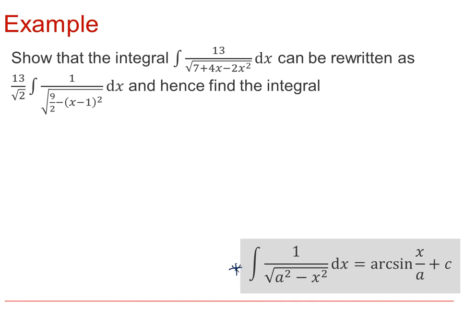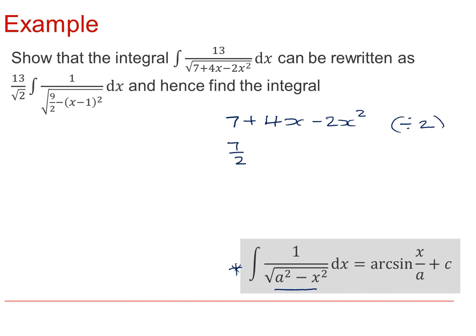Let's have a look at 7 plus 4x minus 2x squared and see if we can get it to this a squared minus x squared form. Well, the first thing I'm going to do is divide by 2, but I'll be careful to put that factor in later.